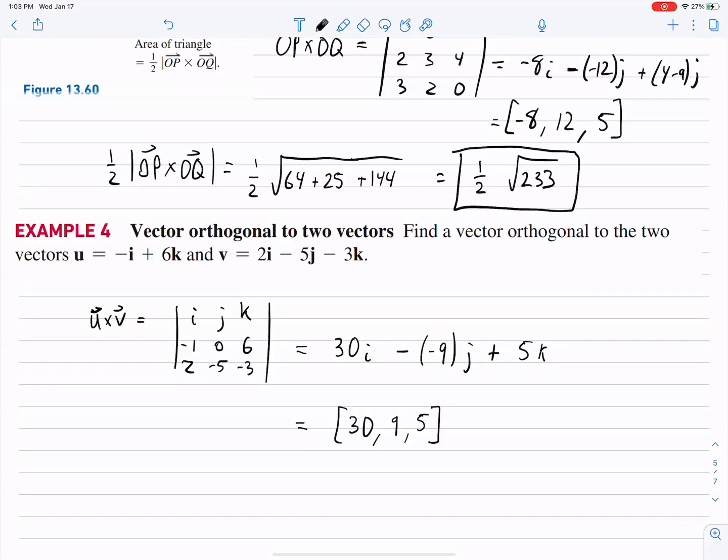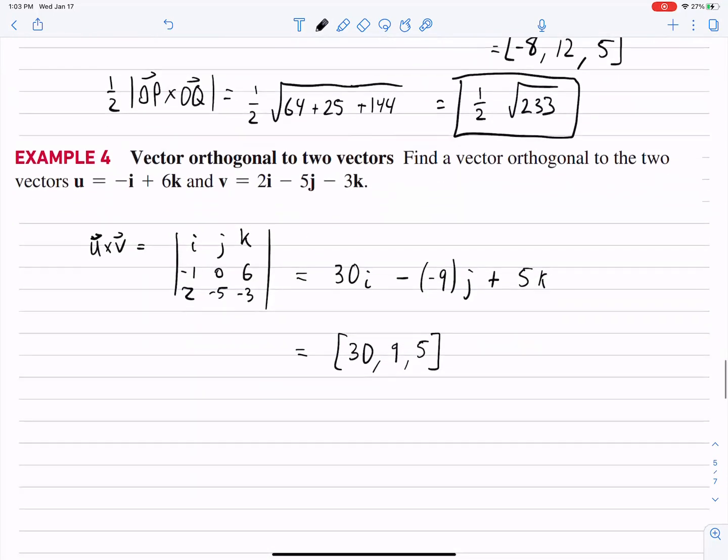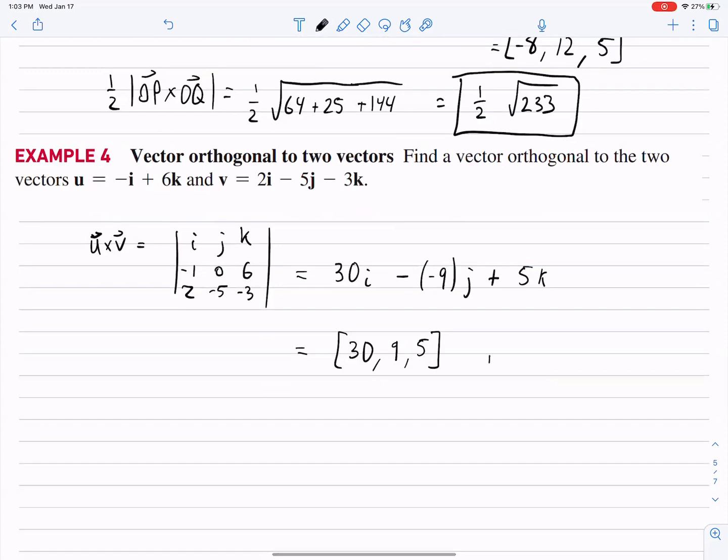That will be a vector that is orthogonal to both of them. You can also take the negative of that, which would work too, because that will be the vector going in the opposite direction.